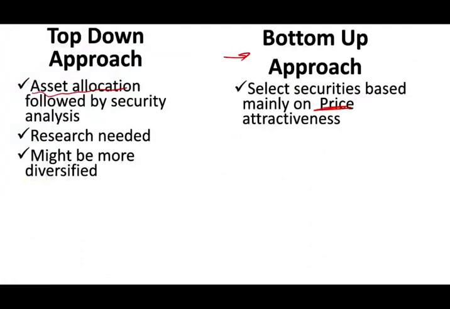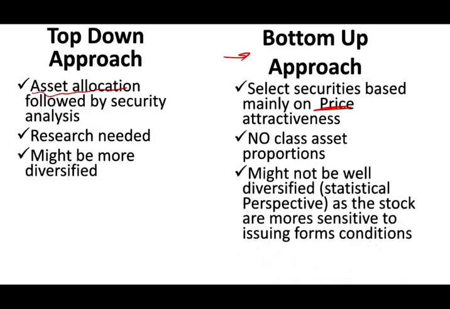cap sizes. But the point is, investors, when they do it themselves, they choose on price attractiveness. So here you don't have asset class proportions. You don't care about how much is invested in real estate versus stock versus retailers. You don't care about this. In other words, you may not be well diversified statistically speaking, because the stocks are more sensitive to the issuing company firm's condition. Why? Because you are selecting one stock.